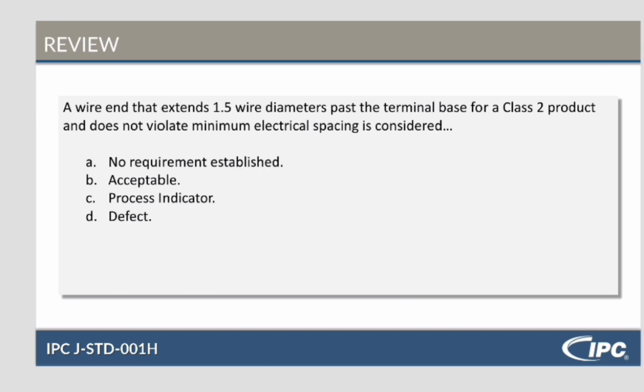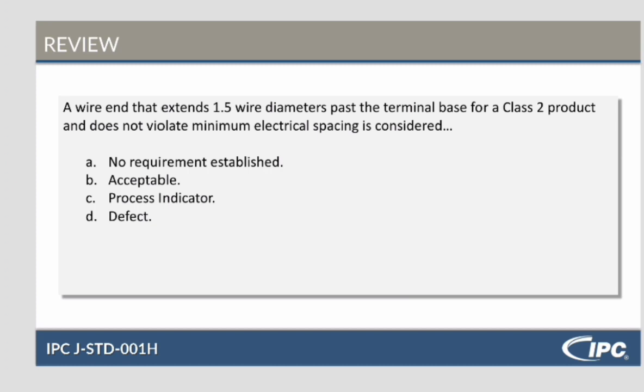Now, we talked about the wire end extending past terminal base. That's a should requirement. That's not a shall, it's a should. So you may be tempted to say no requirement established. But that's not it, because this is two different conditions. First, your wire end extending 1.5 wire diameters, and also does not violate minimum electrical clearance. Even though this first part is a should, so it's not necessarily a requirement because it's just a suggestion, not violating minimum electrical clearance is a requirement.